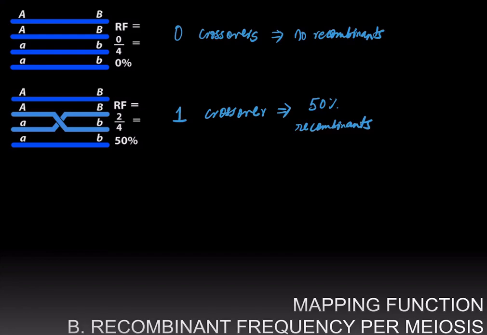The two non-sister chromatids that undergo crossover will be recombinant, while the two non-sister chromatids that did not participate in the crossover will be parental, and this will always be true for one crossover.